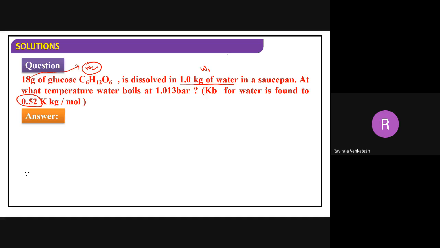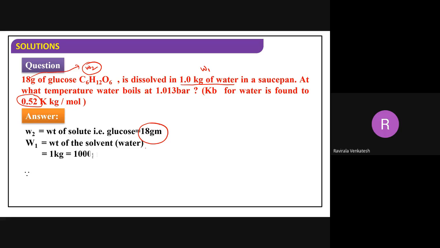They are asking for the boiling point of the solution when you add 18 grams of glucose to 1 kg of water. First, the weight of the solute is 18 grams. The weight of the solvent is 1000 grams. Molality we will do later.